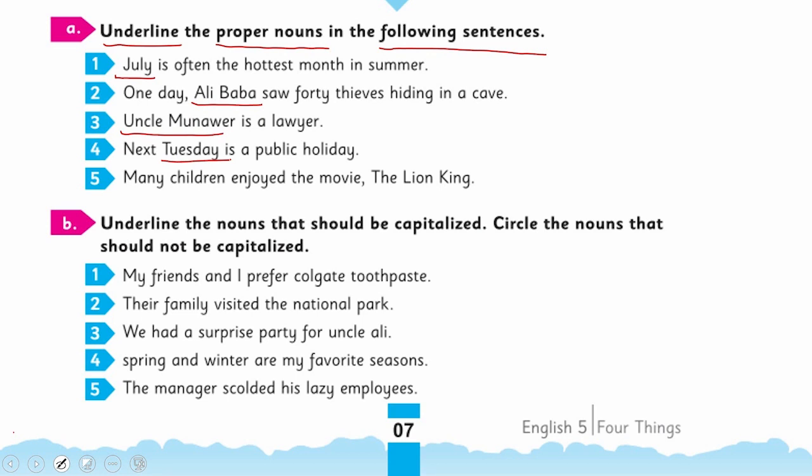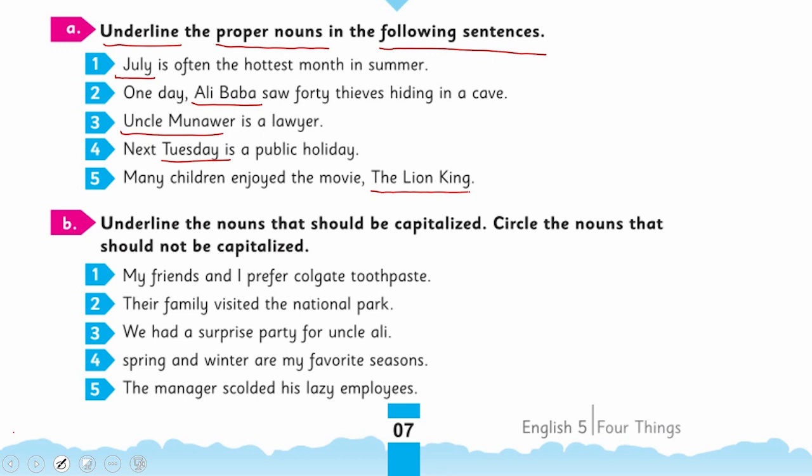The fifth one: many children enjoyed the movie The Lion King. So you have to tell me students, which is the proper noun in this? Yes, The Lion King is the proper noun. So on your page 7, here is the next activity.